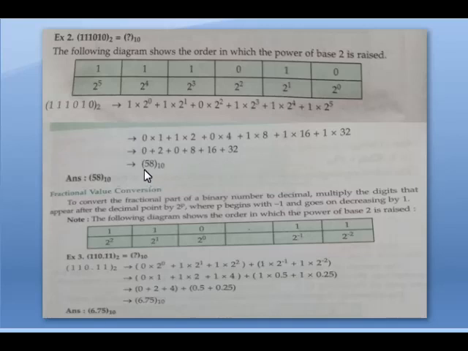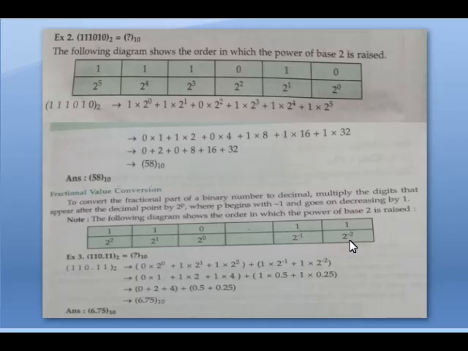Now we are going to see how to convert a fractional binary value into a decimal value. For the integer part we calculate like in the previous example. But after the integer part, for the fractional value, from left to right we have to increase the values.